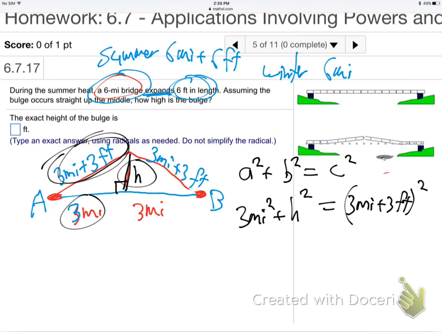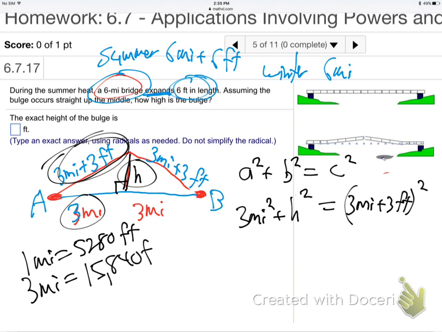Now let's use your calculator. 1 mile is 5,280 feet. So multiply by 3. 3 miles is 15,840. So we'll change it all to feet now. 15,840 squared plus h squared.